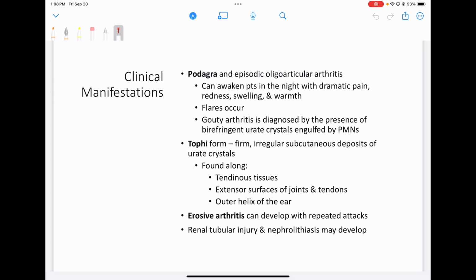That's one of those fun Pance Prep Pearls things, because birefringent crystals is uric acid. Tophi form. Tophi are subcutaneous nodules, but they're made up of uric acid. I'll show you where those show up, like tendinous structures. You can see them on the ear. I have some pictures of that.